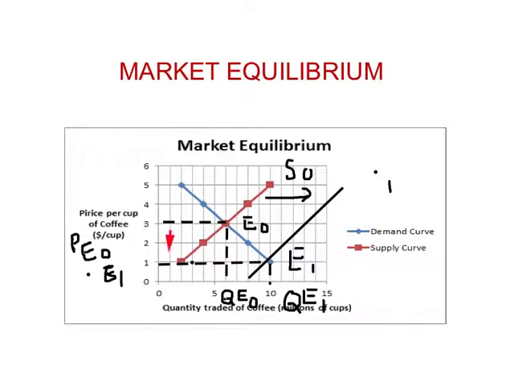So what we have is, when there is an increase in supply, you find a decrease in equilibrium price. What happens to quantity traded when supply increases? It increases.